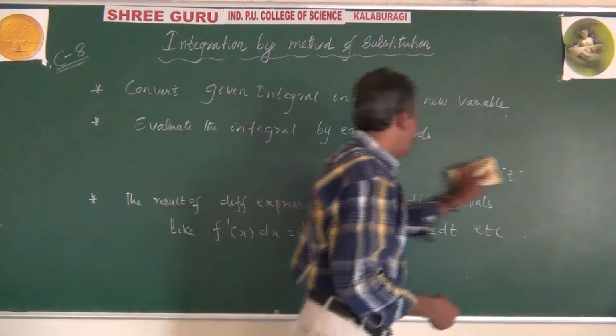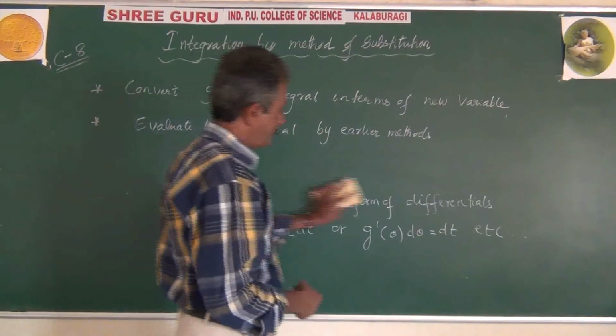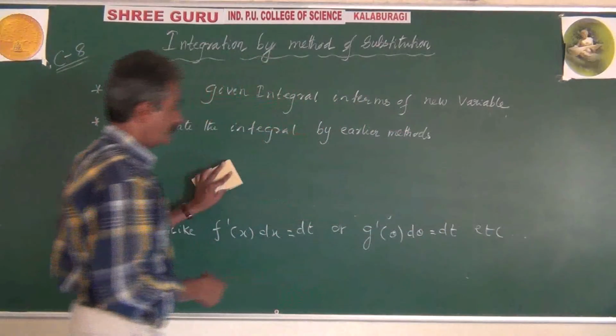Earlier means it may be the direct formula method or the trigonometrical formula method. Both we work out.